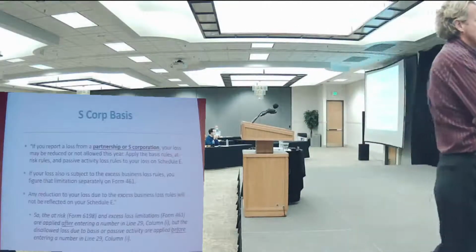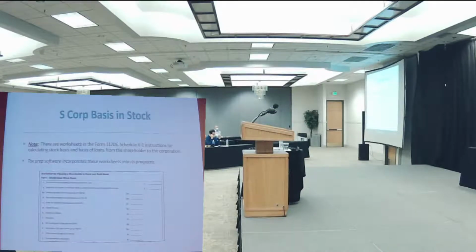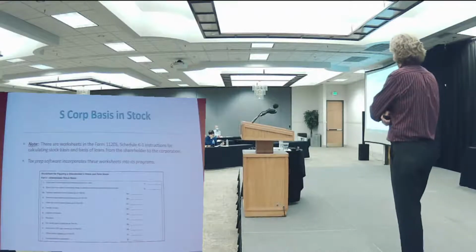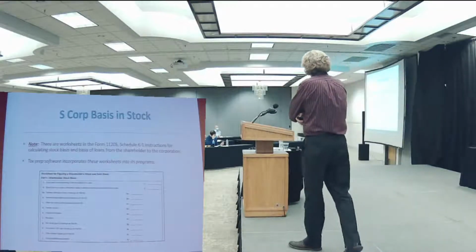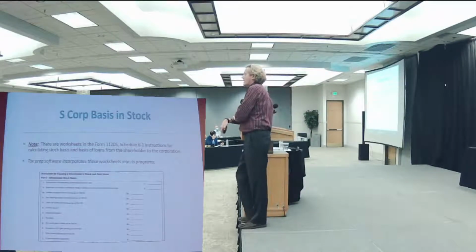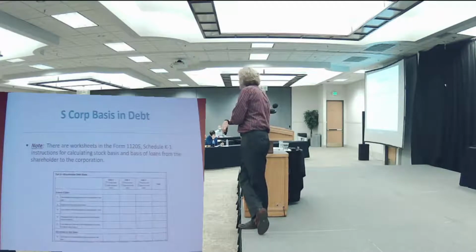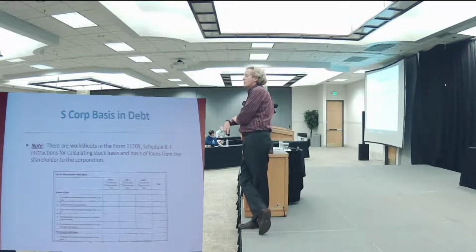Oh, crud. IRS has worksheets in the instructions to help you calculate the basis of your S Corp stock, as well as the loans you make to the corporation. Yep, they're the IRS, and they're here to help you.